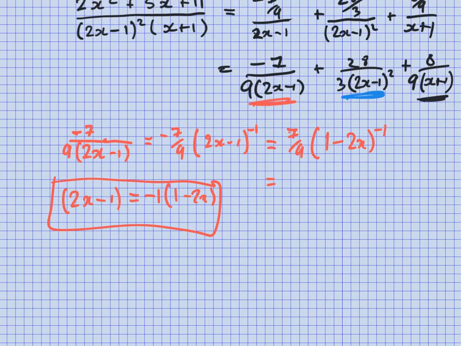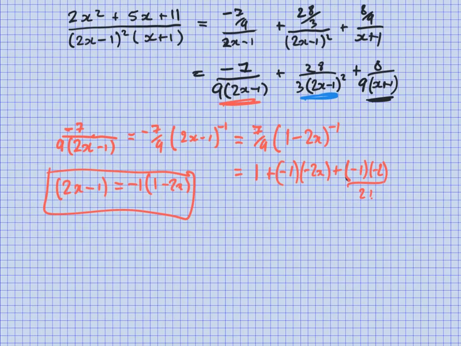Now using the expansions that we know, this is going to go 1 plus minus 1 times minus 2x plus minus 1 times minus 2 over 2 factorial, all times minus 2x squared, which if we put that together gives us 1 plus 2x plus 4x squared.